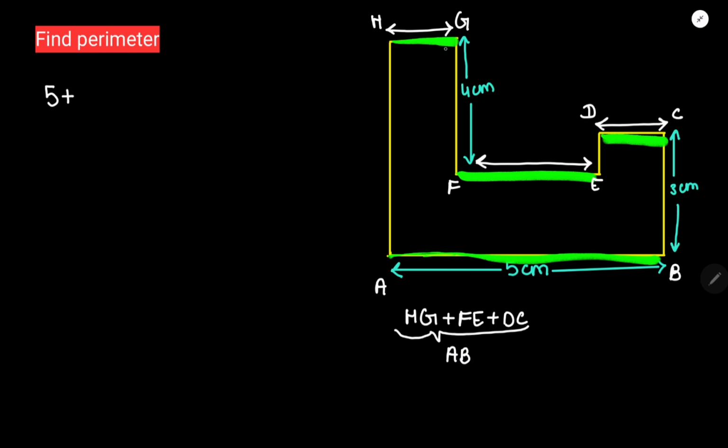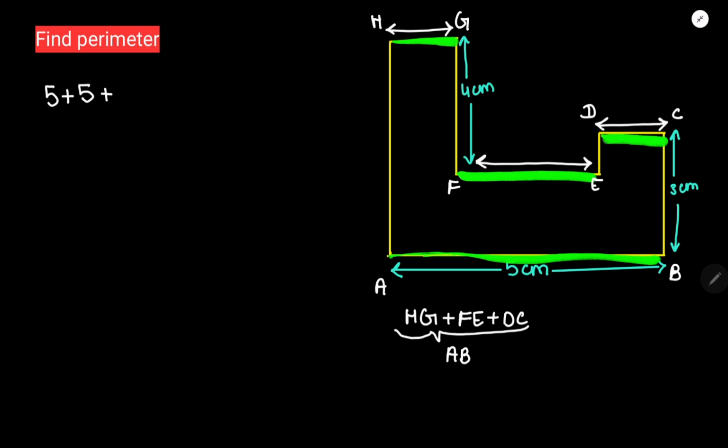If you add this plus this plus this, right? Like this is equal to this, and then this is equal to this. So these 3, when they add up, will make AB only. AB is what? 5 centimeter. Okay, so I will write here 5 for this, right?